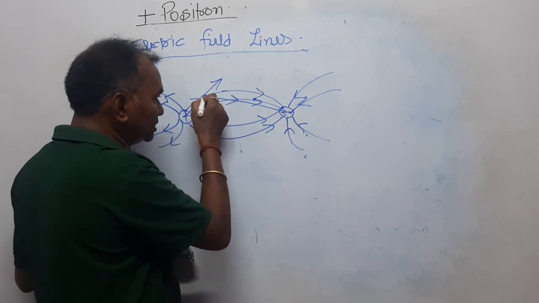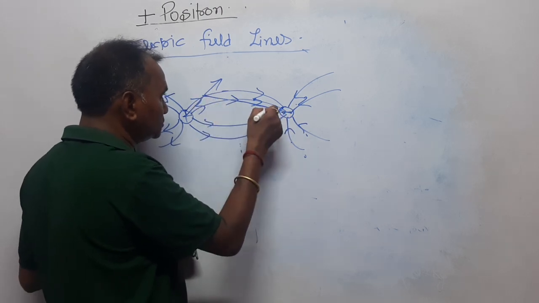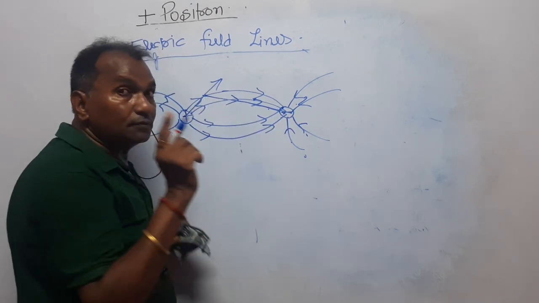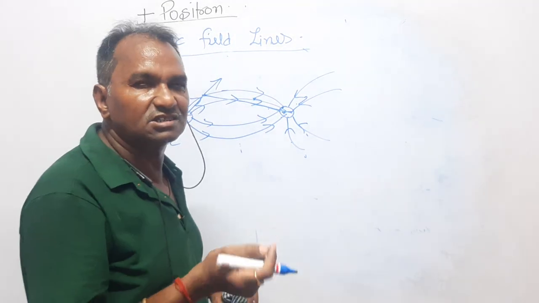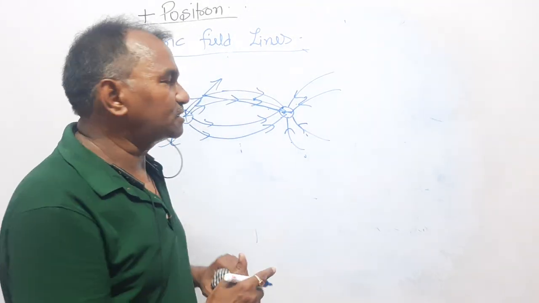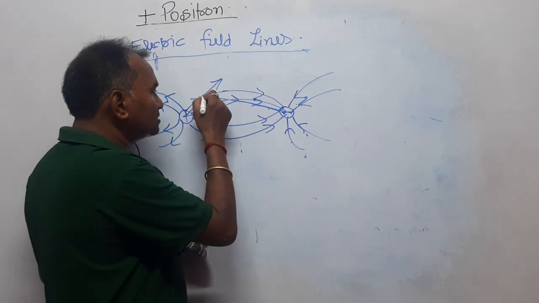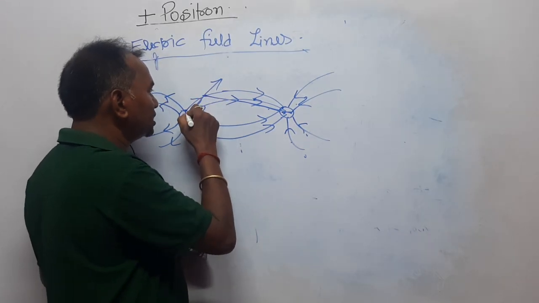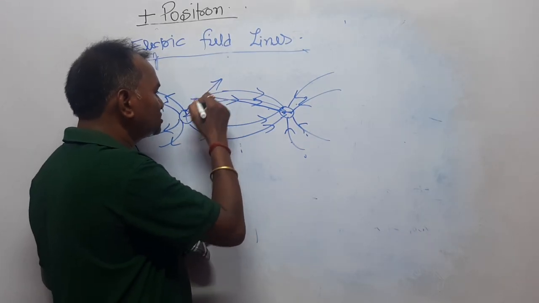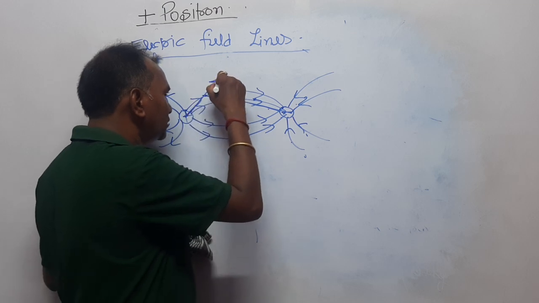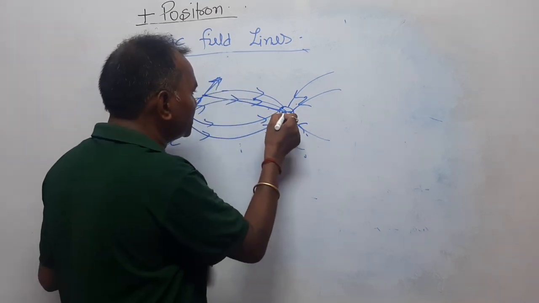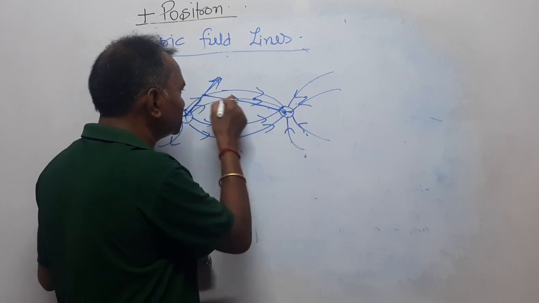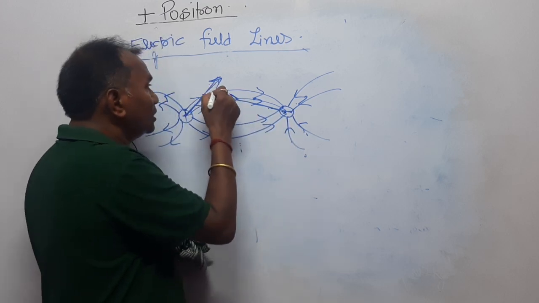The field due to this will be along the line joining these two, because if you want to find out the field at any point, the first basic concept is to just keep a positive test charge there. If you imagine a positive test charge here, it will be repelled by this along the line joining them, and it will be attracted by this negative charge along the line joining the two.